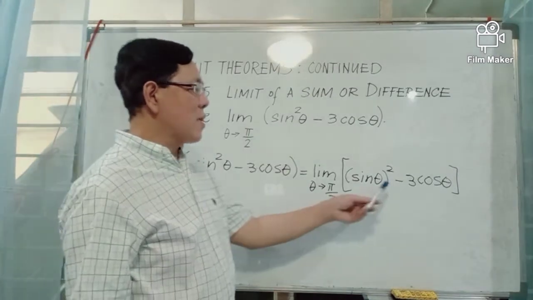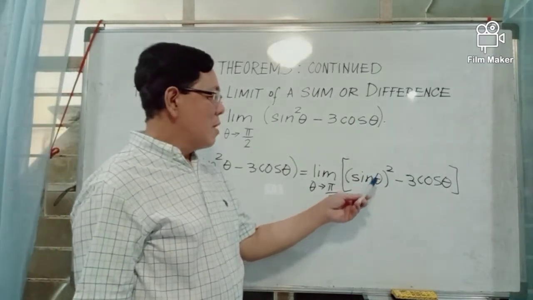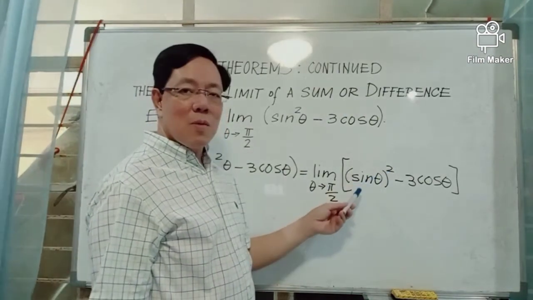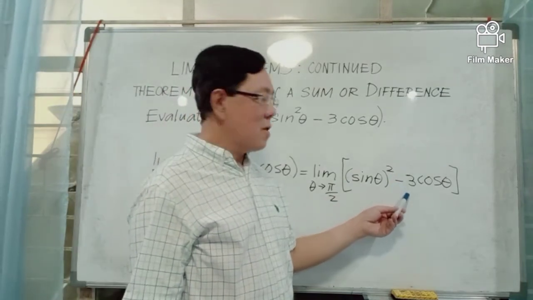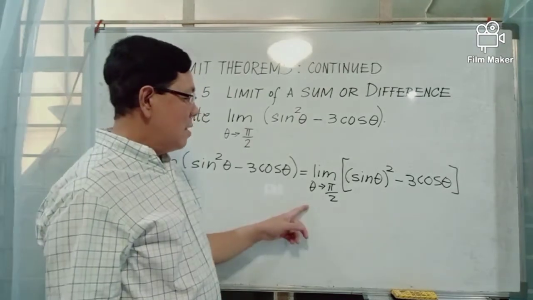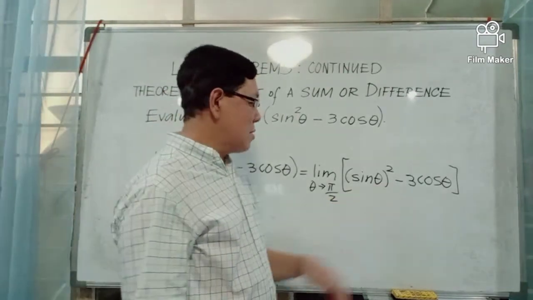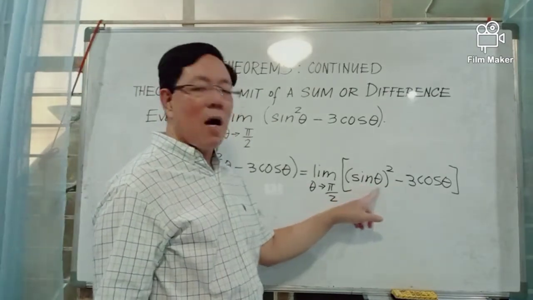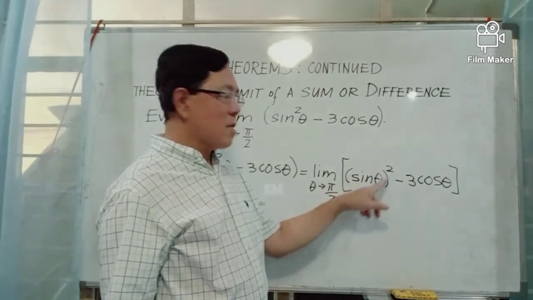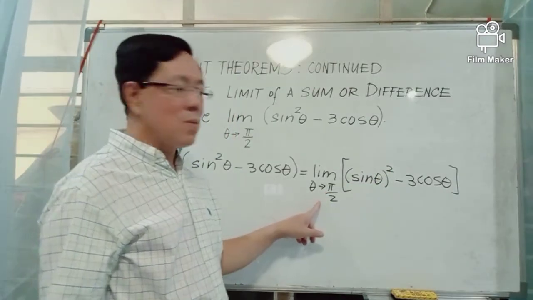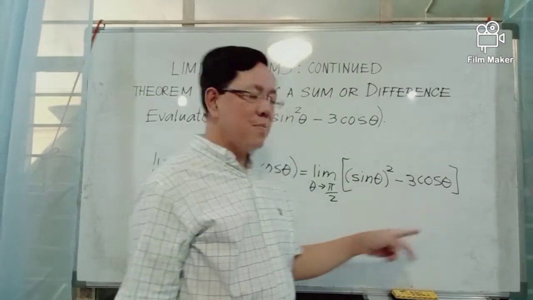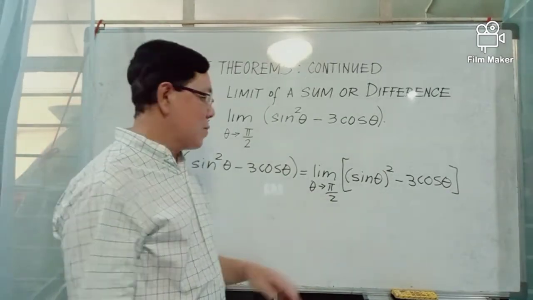So here we have the limit of the difference of two functions. The first function in the limit theorem 5 is the square of sine theta, and the second function is 3 times cosine theta. And by limit theorem 5, the limit of the difference of two functions is equal to the difference of the limits of the two functions. The limit of sine theta squared as theta approaches pi over 2 minus the limit of 3 cosine theta as theta approaches pi over 2.